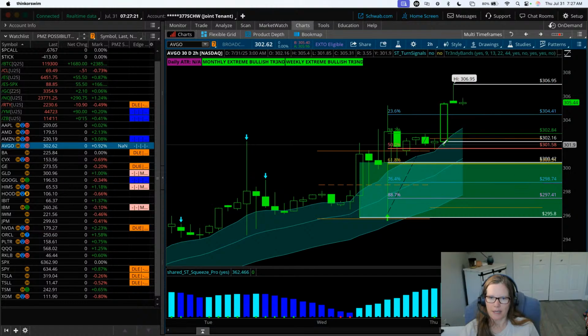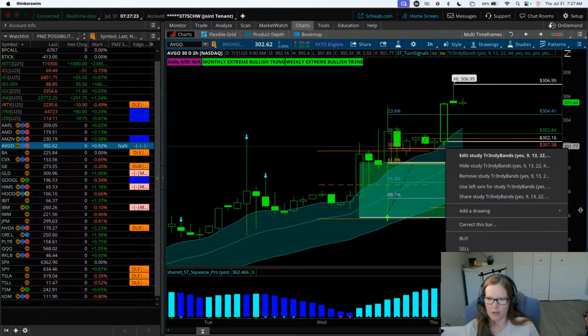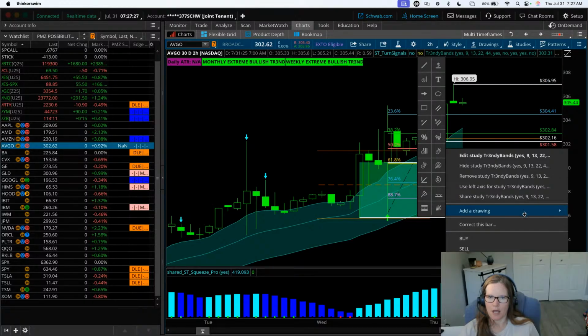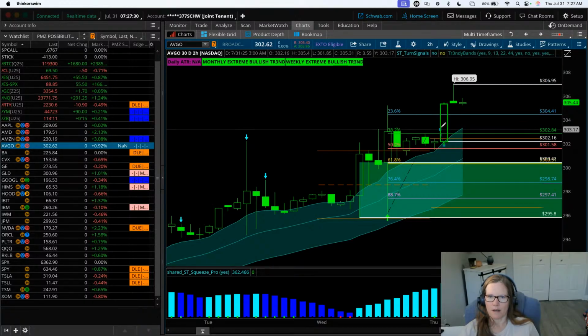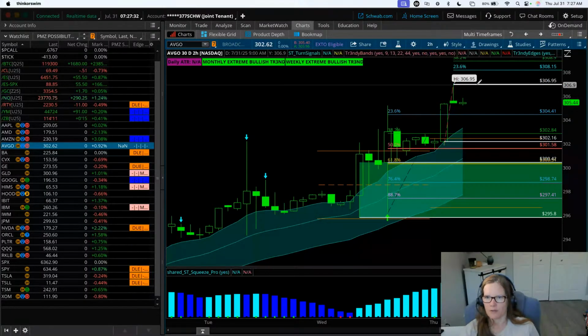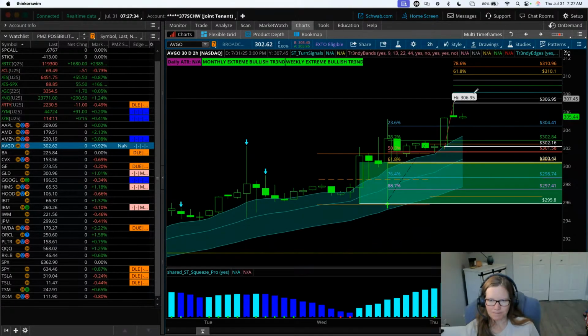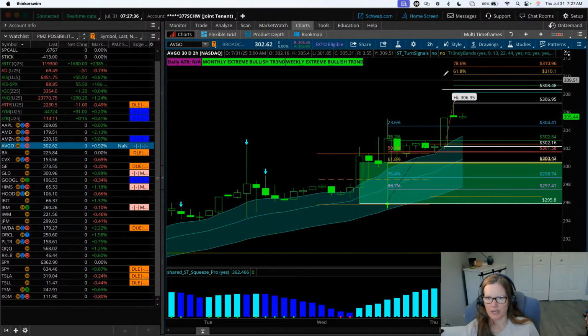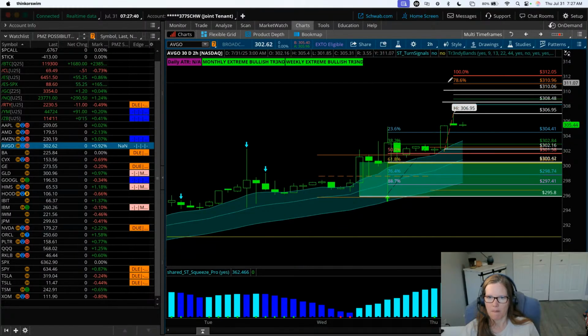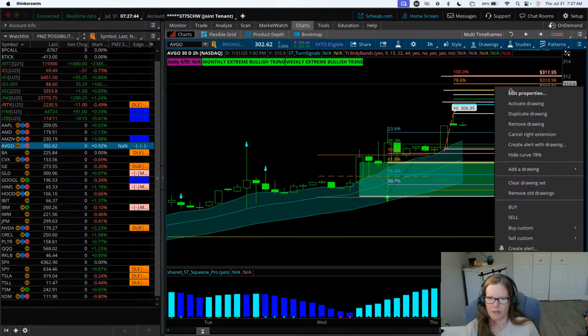So I can draw some fib targets from this move and find where I would trim to the upside and potentially a high upside target, right? Up there at the 100% of this move.